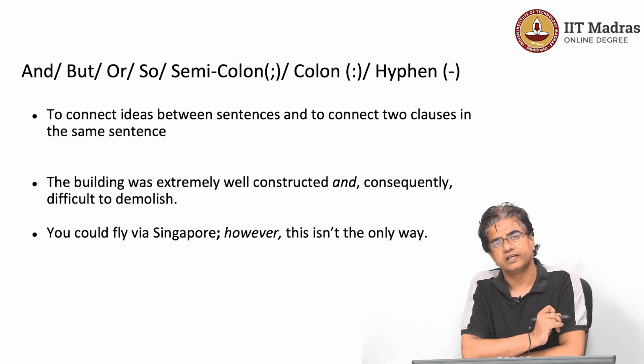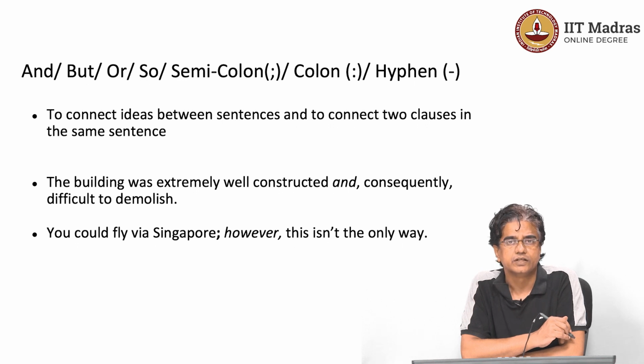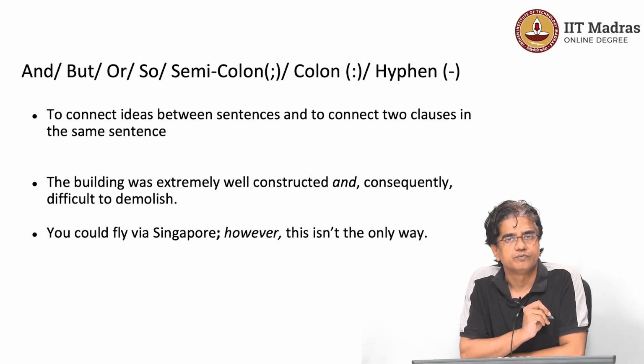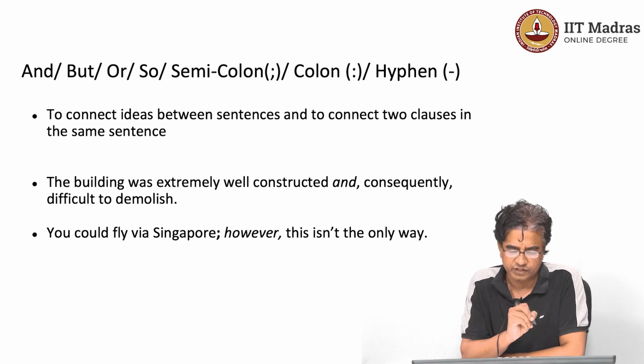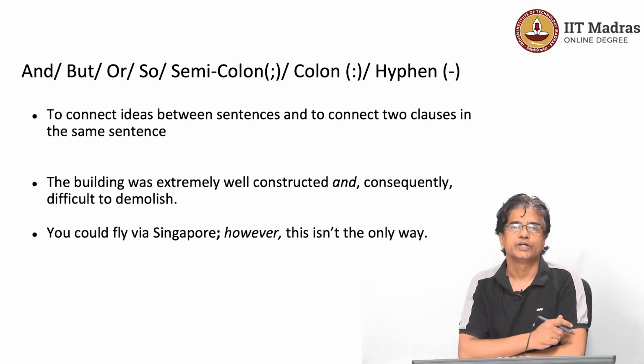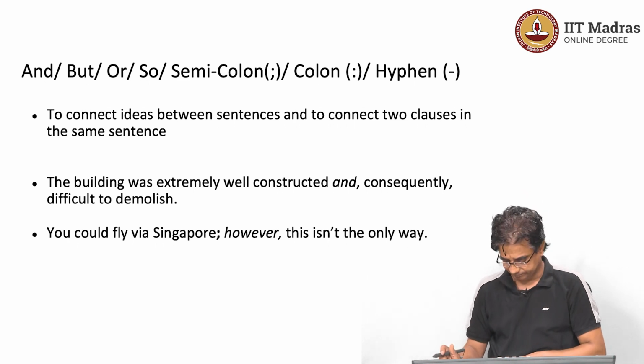So if somebody is flying, you can say you could fly via Singapore; however, that is not the only way. How do we pay attention to these things while writing? We can simply write, you could fly via Singapore; however, it is not the only way. You have to put a semicolon, however, comma, and then the next proposition ending with a full stop, period.